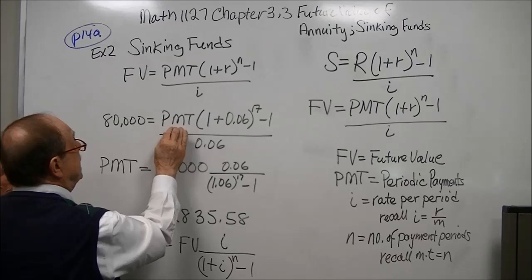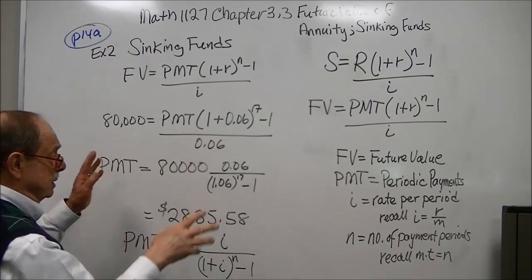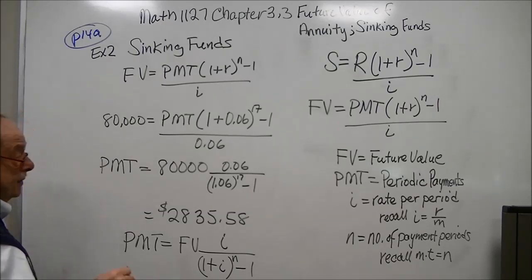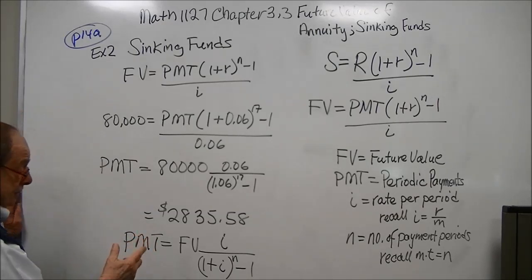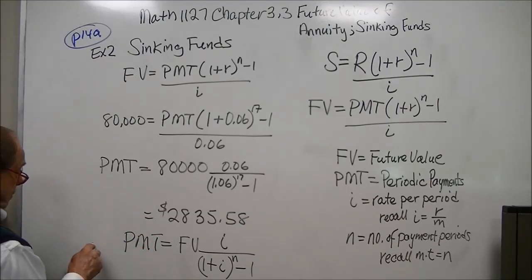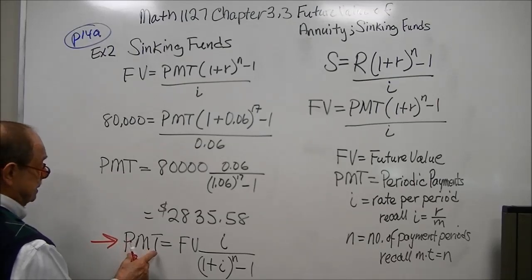Now we want to isolate the PMT, and we can do a little fancy algebra for this. If not, you can just use the formula down here, where you put the $80,000 here.